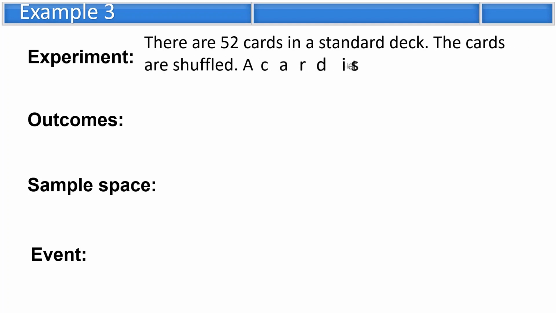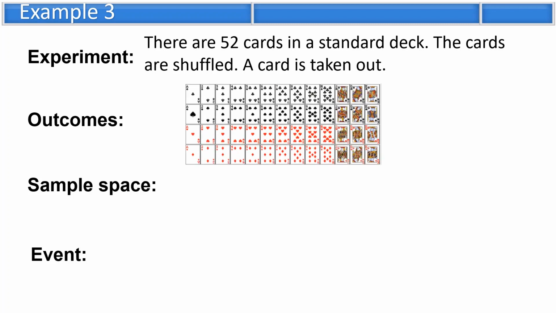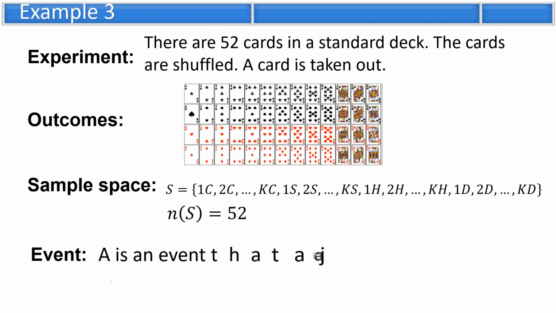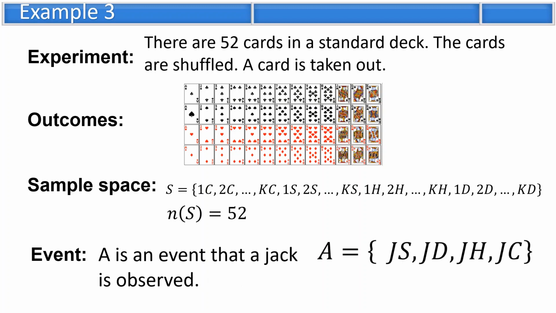Example 3. There are 52 cards in a standard deck. The cards are shuffled. A card is taken out. The possible outcomes are the sample space S. N of S is 52. Suppose event A is an event that a jack is observed. Then A consists of jack of spade, jack of diamond, jack of heart, and jack of club.